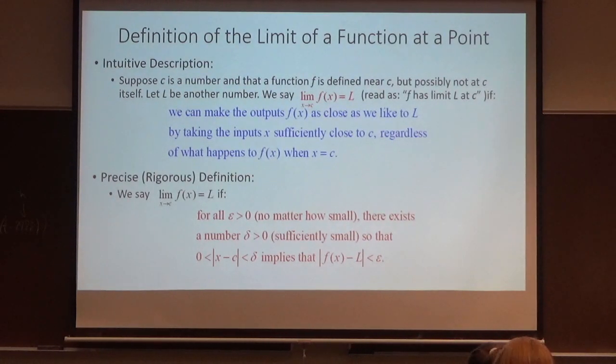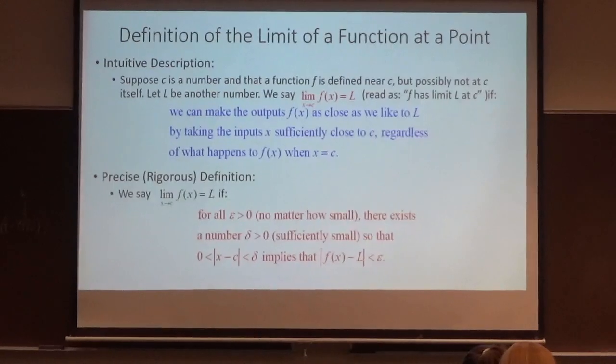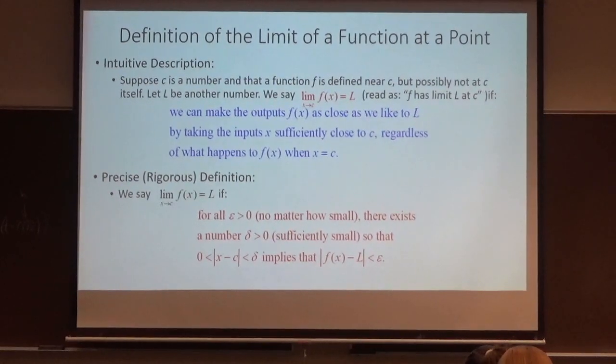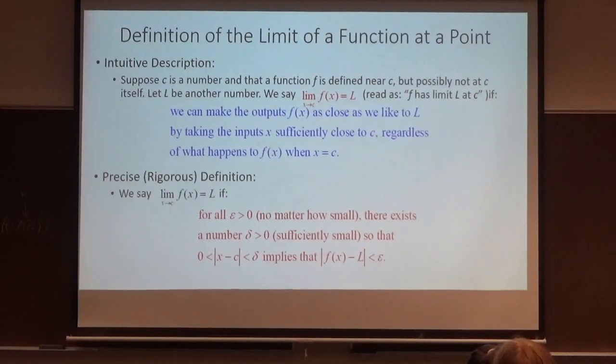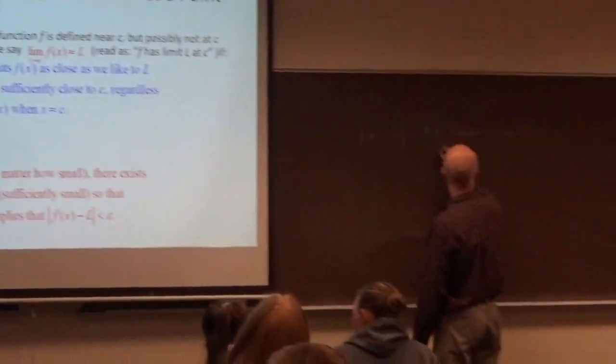The first thing I should say before we try to understand this and use it is to talk about what the absolute value of a difference represents. The absolute value of the difference of two numbers, A and B, represents the distance between them on a number line.